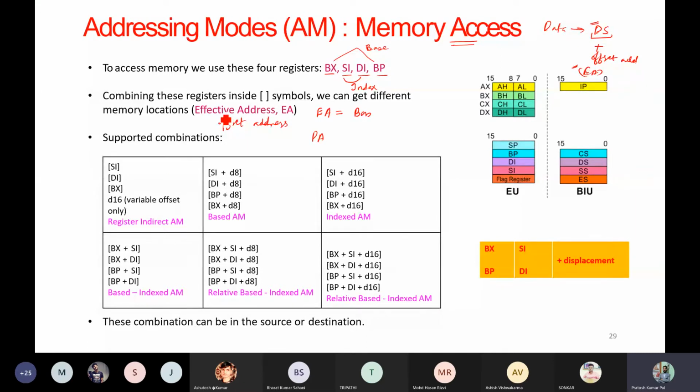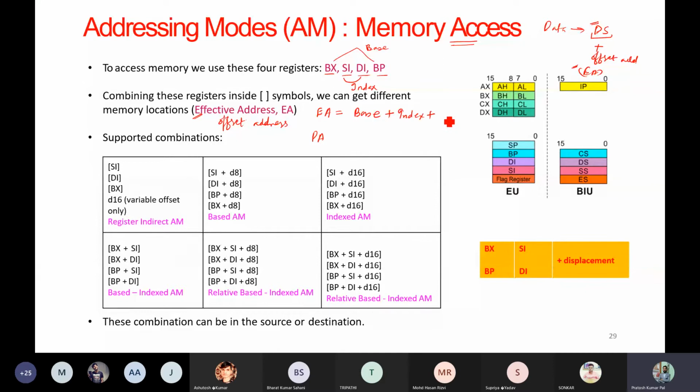So in the addressing mode, we will only have the effective address value, and these effective address values will be found with the combination of these registers BX, SI, DI, and BP. Okay, so the effective address is calculated in the form of base register plus index register plus a direct value.